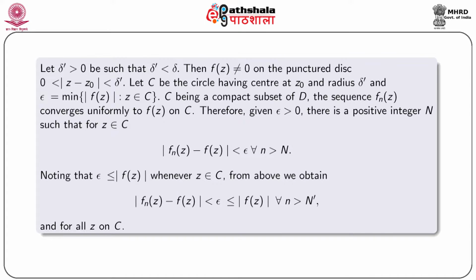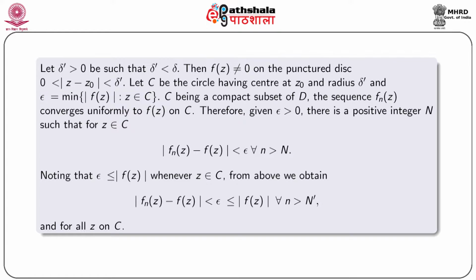Let delta dash greater than 0 be such that delta dash is less than delta. Then f(z) not equal to 0 on the punctured disk 0 less than mod z minus z0 less than delta dash.